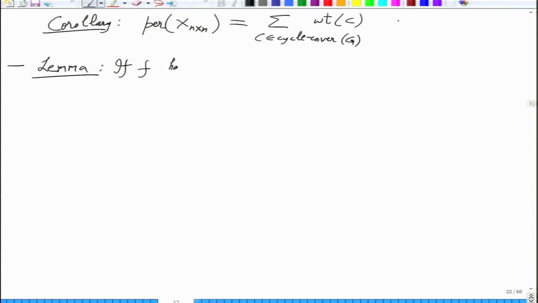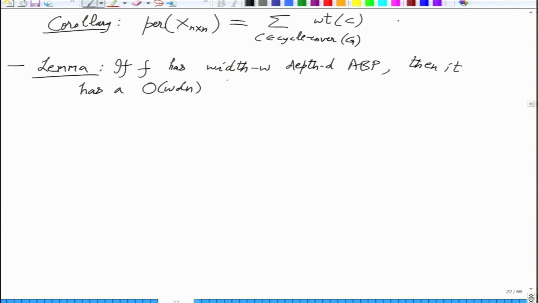So if F has width W, depth D, and is an ABP on N variables, then there is a determinant of size WDN.